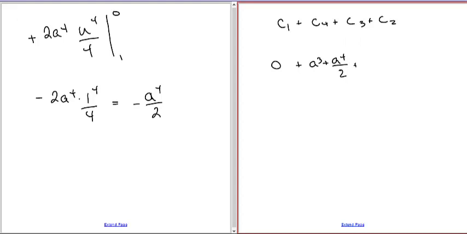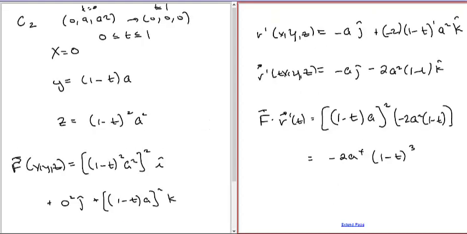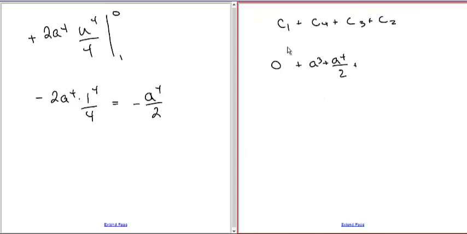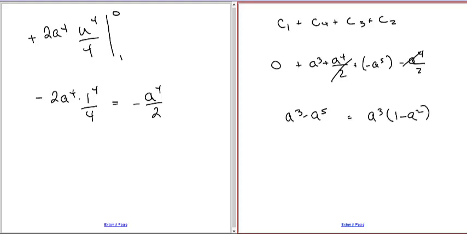Curve 3 was negative a to the fifth. And curve 4 was negative a to the fourth over 2. Well, those cancel out, and you end up with a cubed minus a to the fifth. And that's what they got in the book. They have a cubed times 1 minus a squared. So that is the line integral.